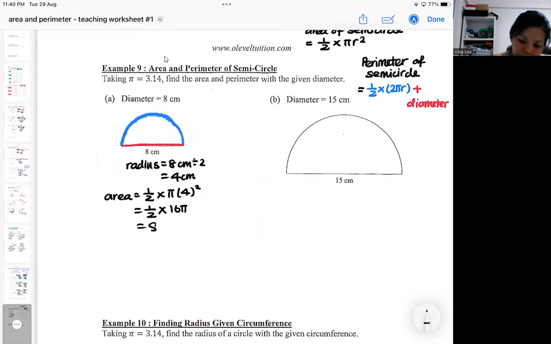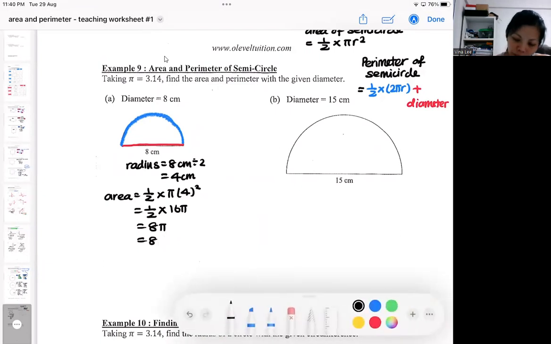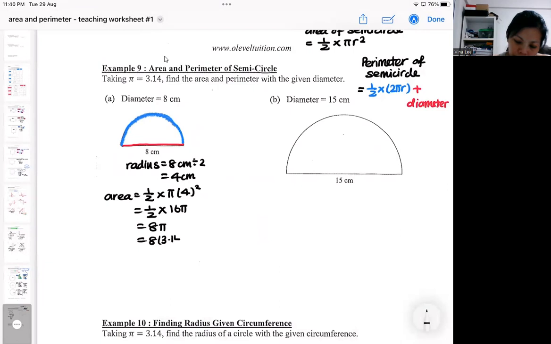You can leave it in terms of pi if the question asks you to, or else you put in the value. In this case, it's not 22/7 already. In this case, it's 3.14. Then that will be 25.12.